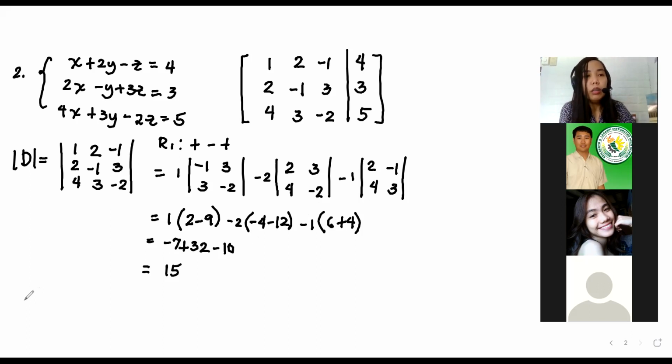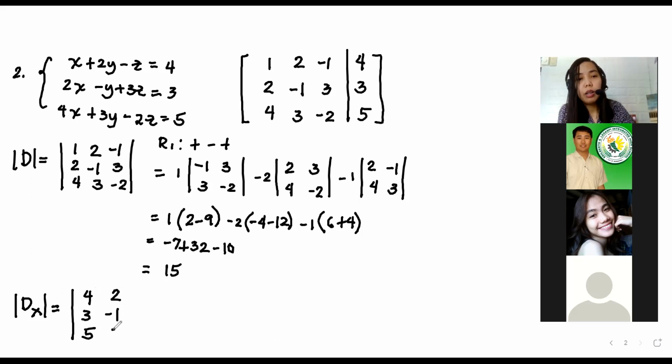Okay. Next, dx. So for dx, we replace the numerical coefficients of x by your constants. So we'll have 4, 3, 5. And y and z retain 2, -1, 3, -1, 3, -2.